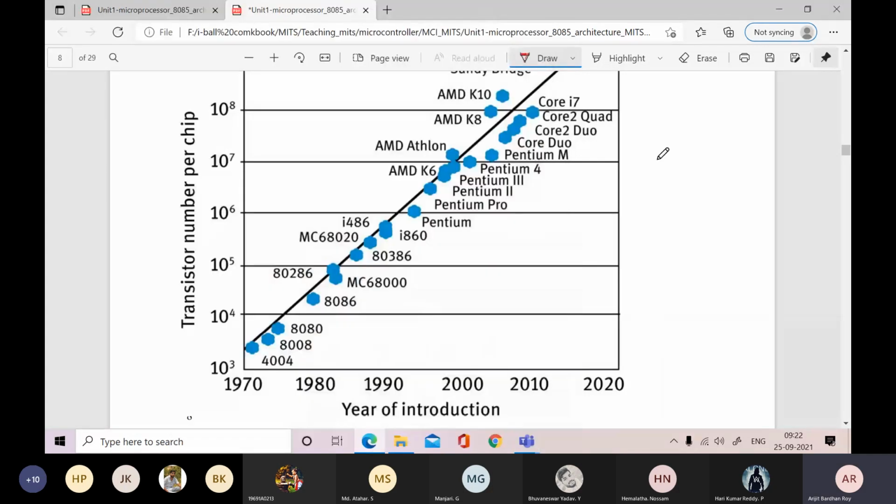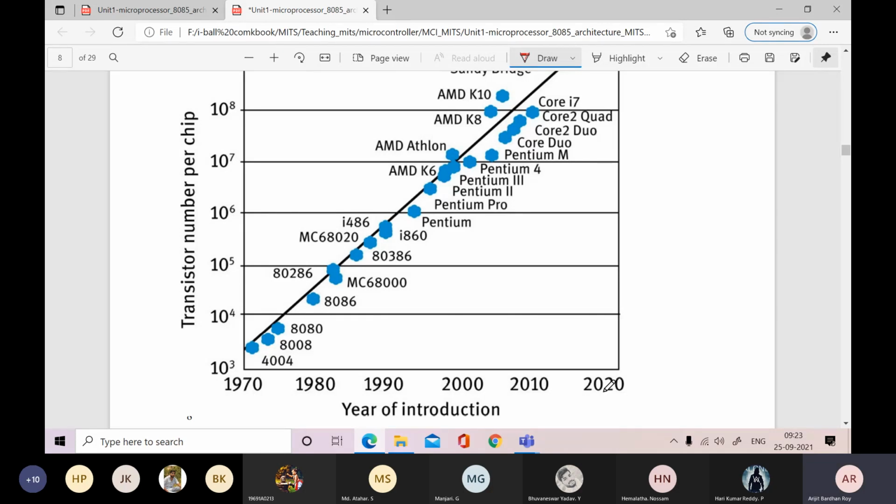So Moore's law states that per year, after 10 years, how many transistors are needed if you want to develop one particular device.